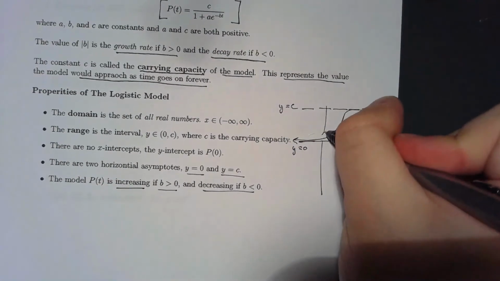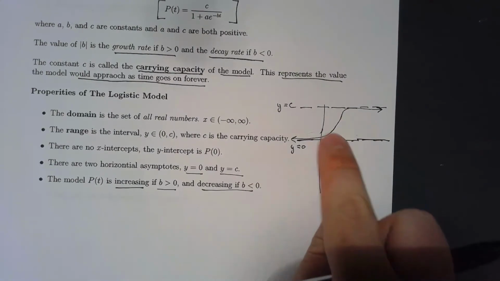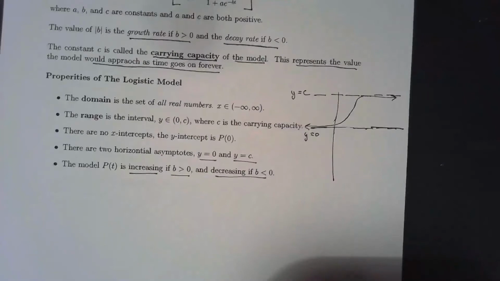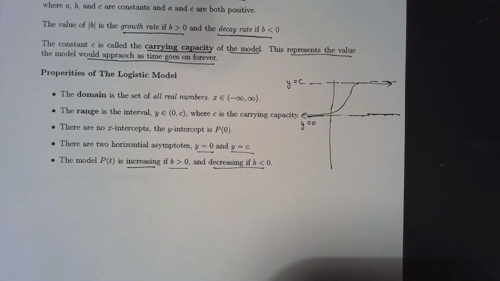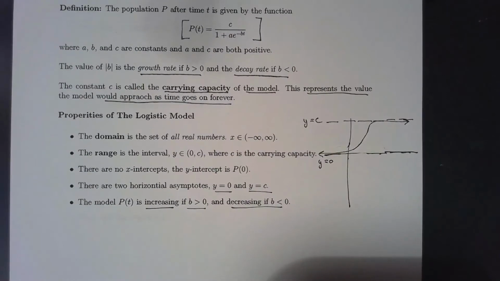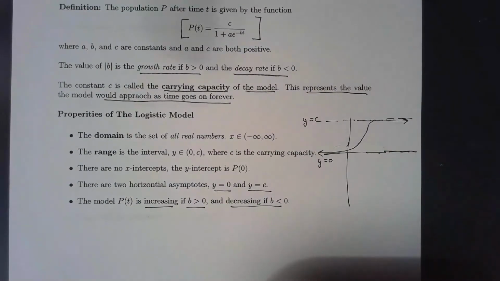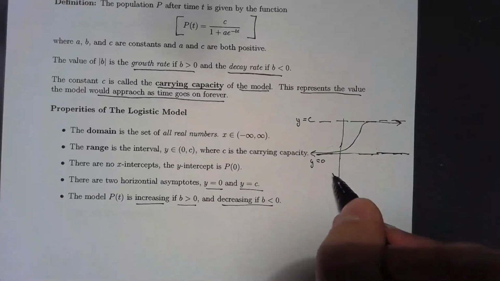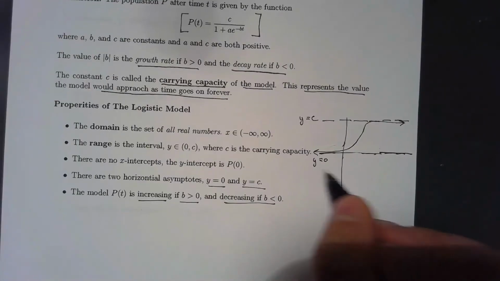So that's kind of what a logistic model looks like. It looks like a flattened S. So yeah, the carrying capacity is this value. It's the horizontal asymptote up here, and this is increasing. A decreasing one would be going down, like a backwards S.